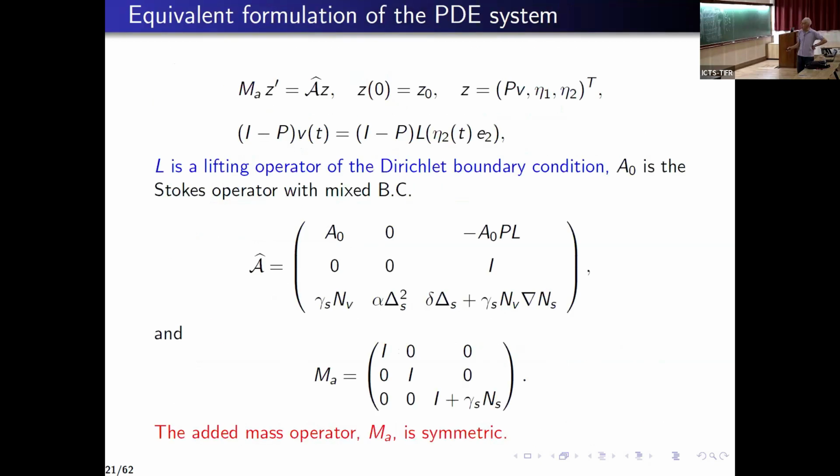And it's why when I write it as an evolution equation, I obtain an equation of this form. So let me explain why I obtain some matrix here, which is not exactly the identity.